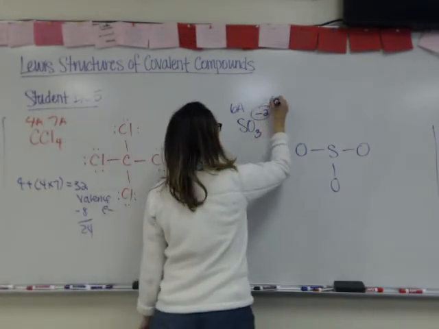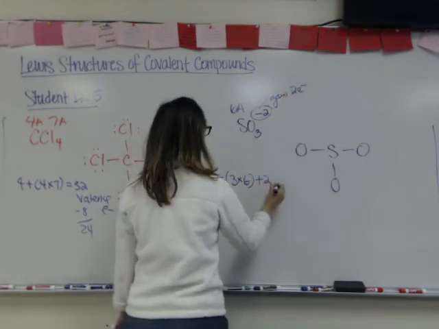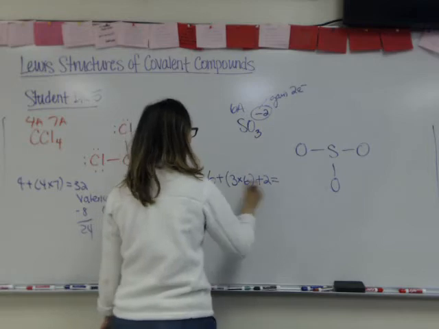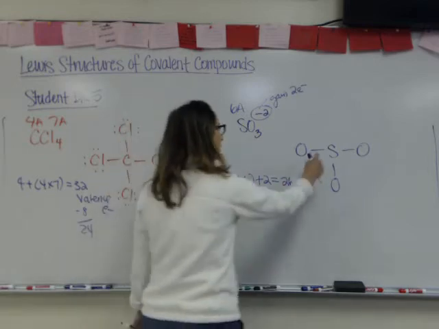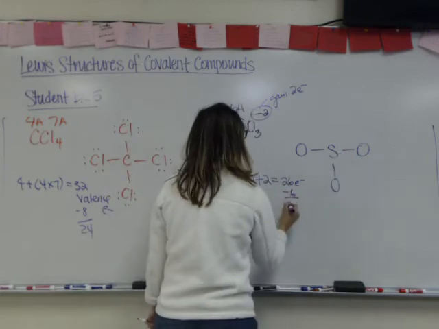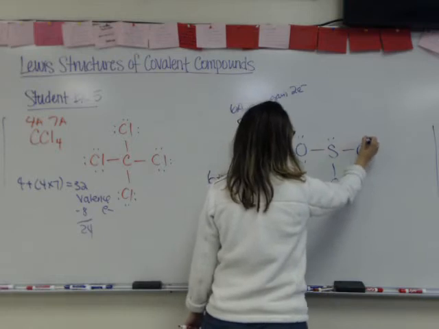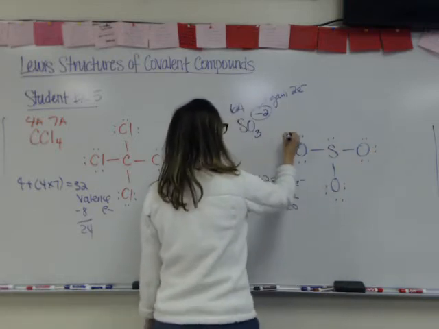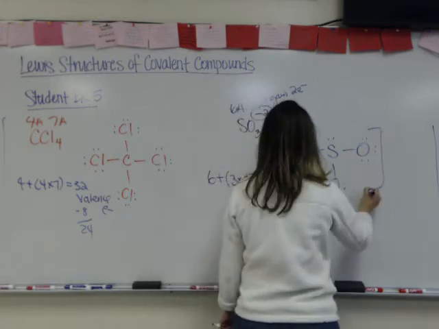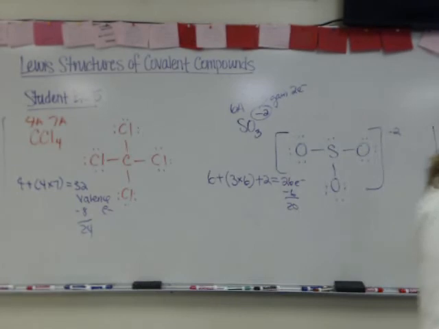This negative 2 means you gain 2 electrons, so we have to add 2 to our total. 18 plus 2 is 20. We have 26 valence electrons to work with. I used 6. 20 left. 2, 4, 6, 8, 10, 12, 14, 16, 18, 20. This is an ion. This goes in a bracket with the negative 2 charge in the upper right-hand corner outside.